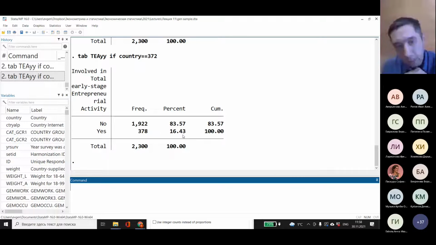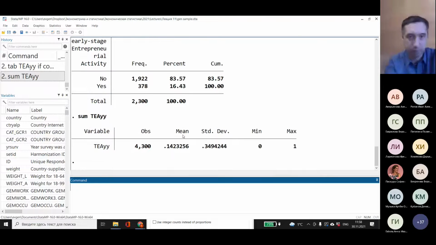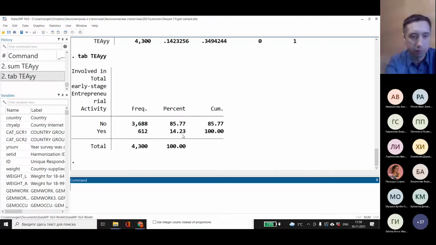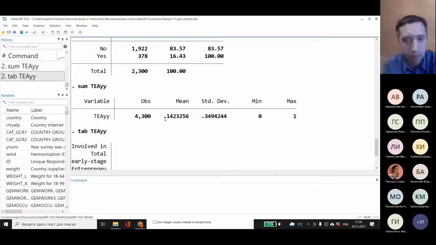Another way to describe qualitative variables is to use the summary command. For sure, we can use it, but you have to be careful with such a way to describe your binary variables. First of all, it is pretty easy to interpret the mean.